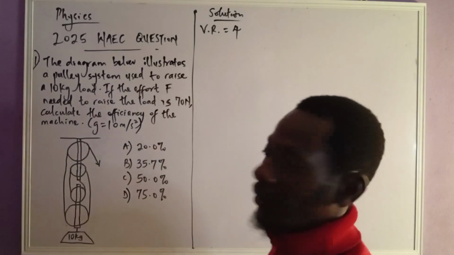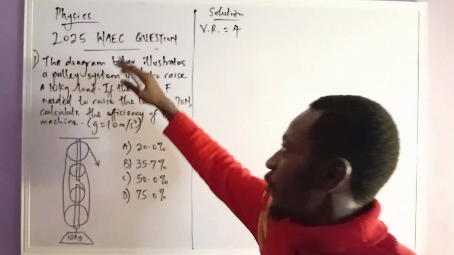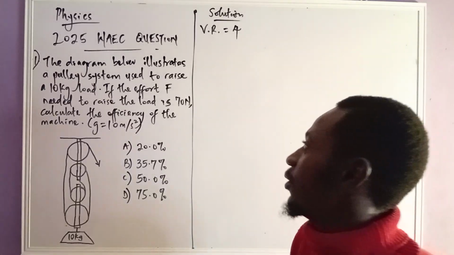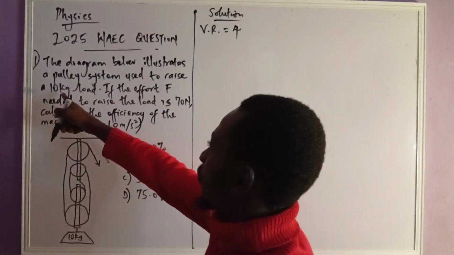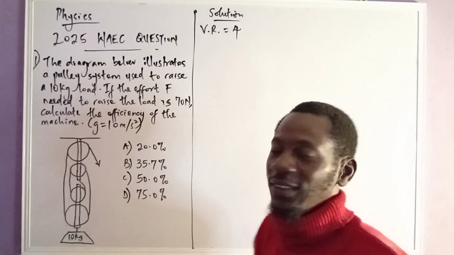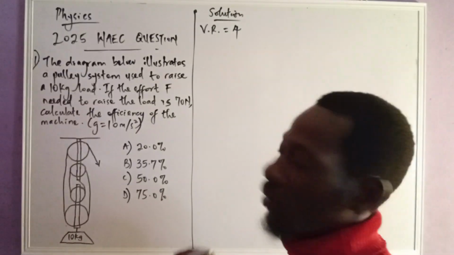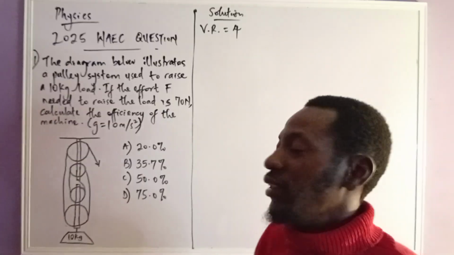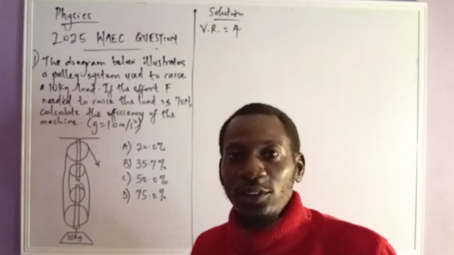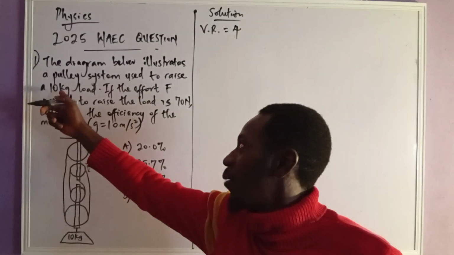And having known that, then we can now go to the question and write out everything we are given. In the question, we were told that the load is 10 kilograms. The load should actually be in Newton. It should be a force, but this is a mass. Kilograms is used to measure mass.